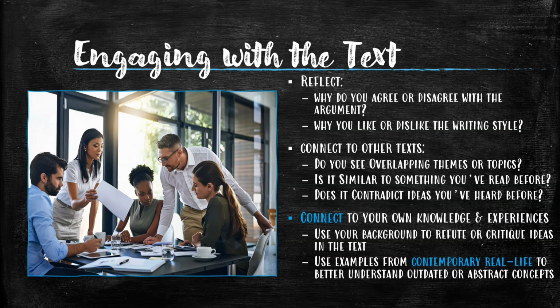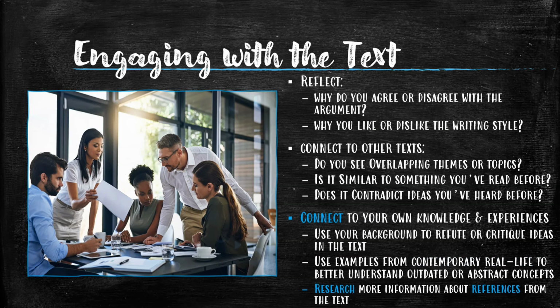You can also use examples from contemporary real life to better understand outdated or abstract concepts coming from an older time period, like the 1990s, before the internet and technology were really common and prevalent, or at the very beginning of the early 2000s when technology was really beginning to change the shape of everyday life. Whereas in our current day and age, we're living in the 2020s plus, and we have a much different perspective. So maybe we might read something that talks about some alarm or some crisis or some terrible things that might happen, but we can reflect now from our contemporary experience to see if those predictions did or did not come true.